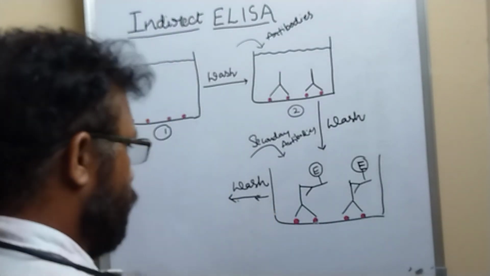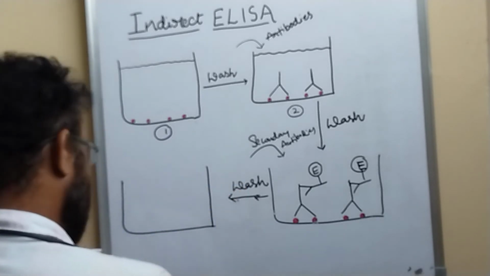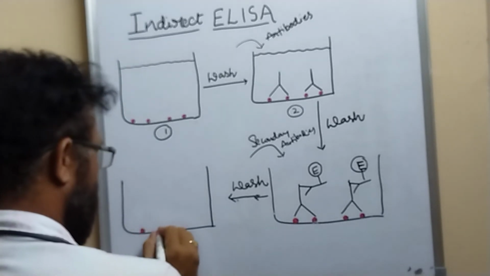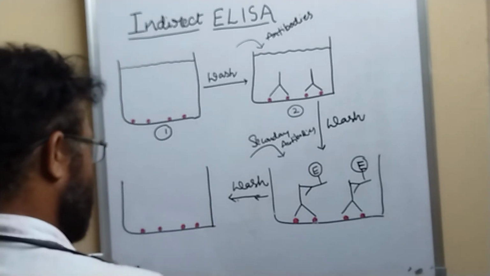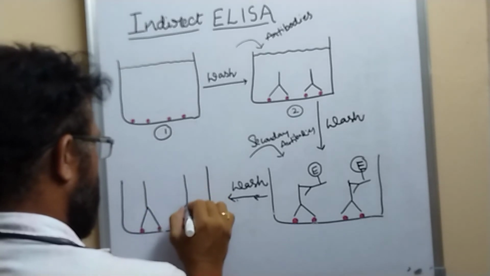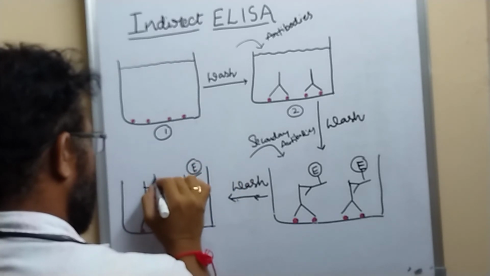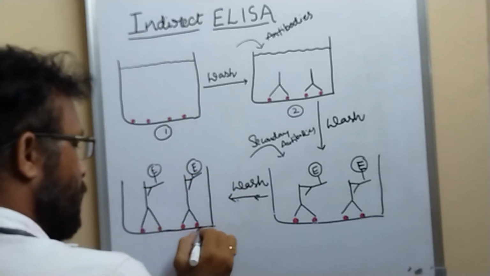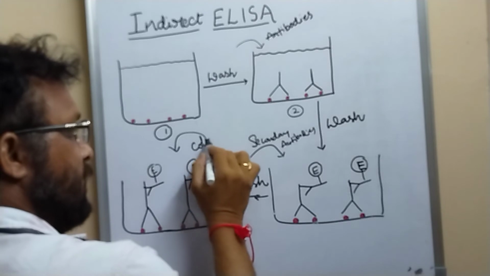Next, to the microtiter well, in this condition, now you add a colored substrate.